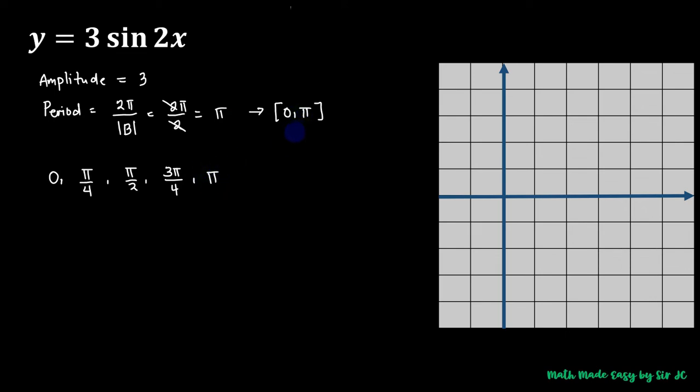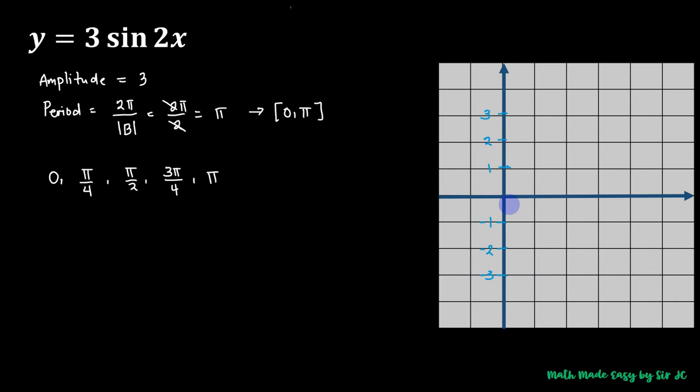So as you can see, the values started from 0 and ended at pi. So we are correct. Since the amplitude is 3, we can say that the highest value attained by the graph is 3 and the lowest one is negative 3. Okay, so we have these values of y: 1, 2, 3, and then negative 1, negative 2, then negative 3.